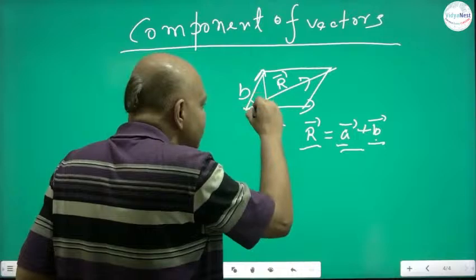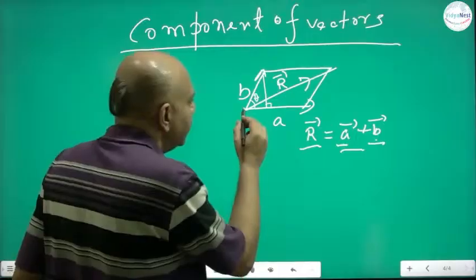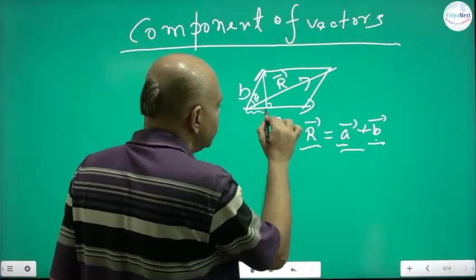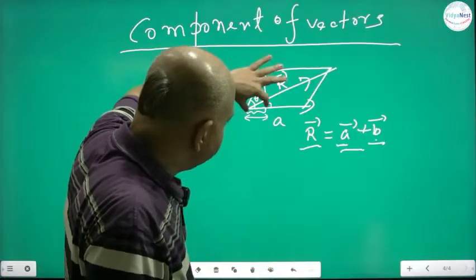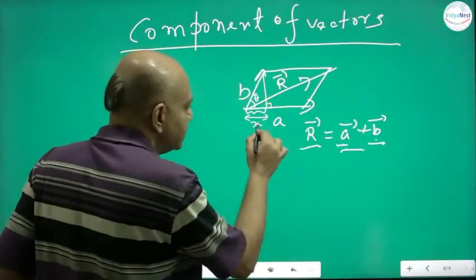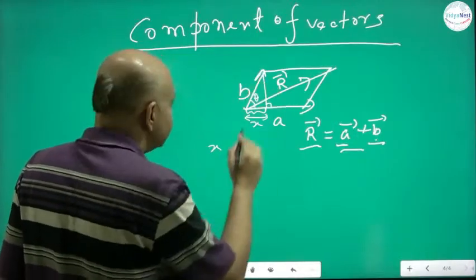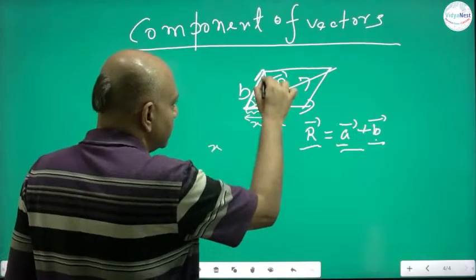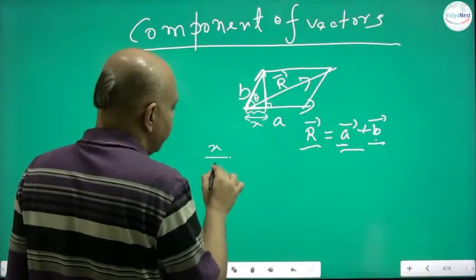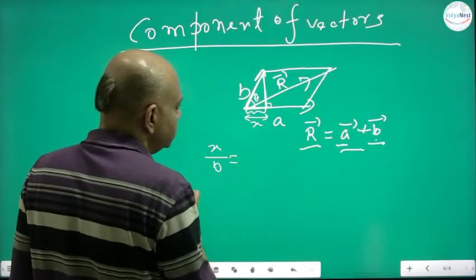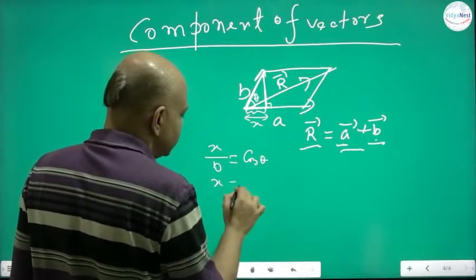If this angle is theta, then Saurabh, can you tell me what should be this length? Suppose this is x. Because this is a right angle triangle, x by b is equal to cos theta. So can I tell x is equal to b cos theta?